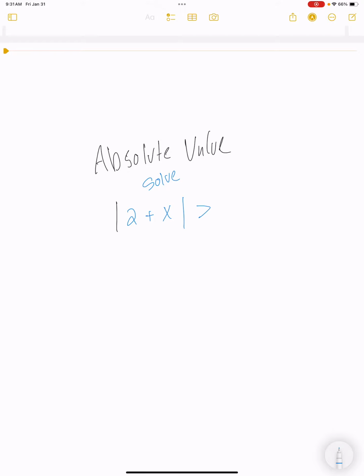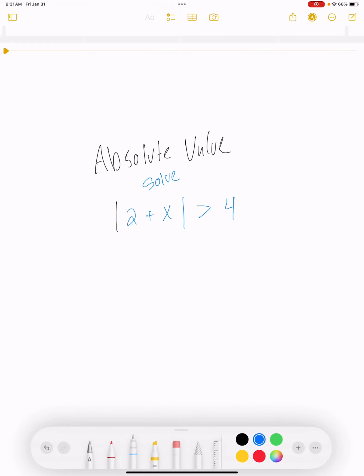I want to say greater than 4. Well, it doesn't matter if I'm talking about adding or subtracting. I'm still talking about the distance between two things. So the distance between, and you can say 2 and x, because distance is positive. So if I say, well, what's the distance between 2 and x? It's going to be the same as the distance between x and 2 because distance is positive.